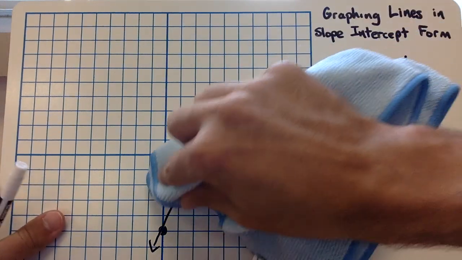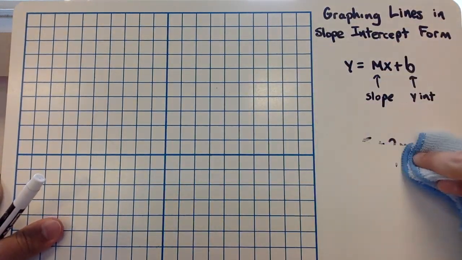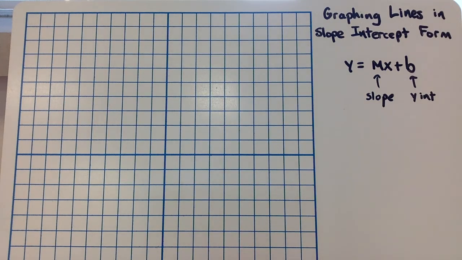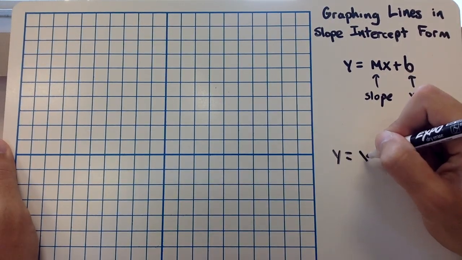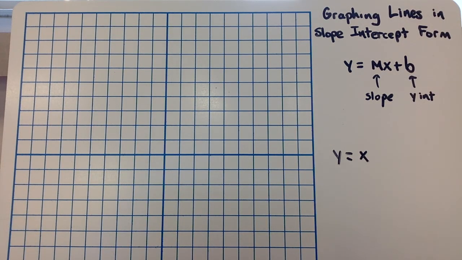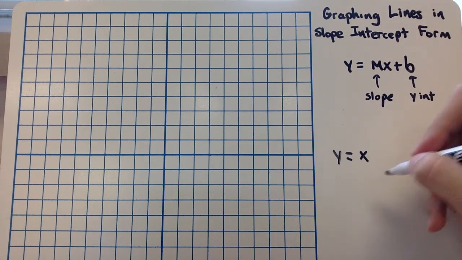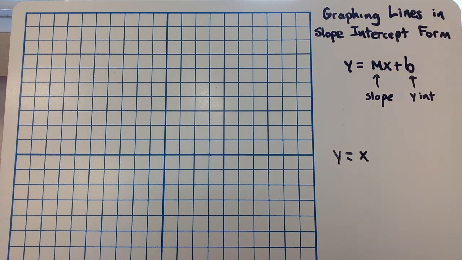One last example for this video. Even though this line is arguably the simplest one, it's the one I find kids mess up on the most. Let's say I just had y equals x. There's no extra number over here. There's no numbers anywhere, really. It doesn't look very fancy, but kids mess this up more than they do the harder ones where you have actual numbers going on.